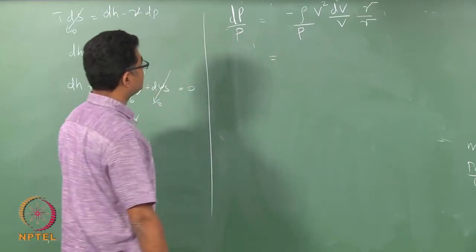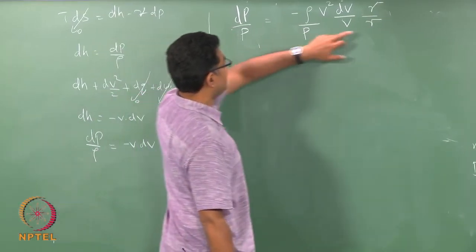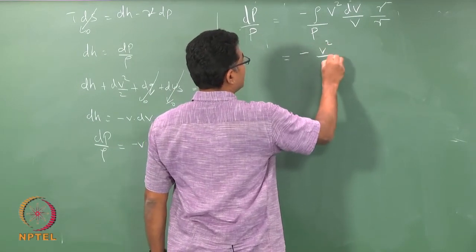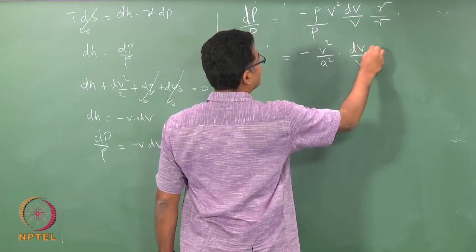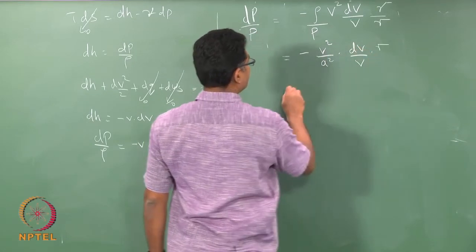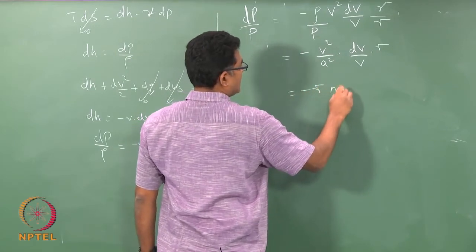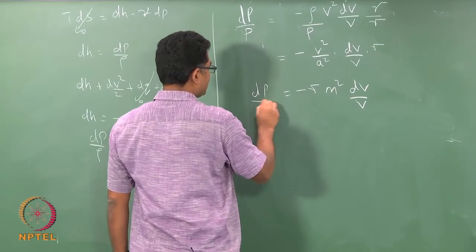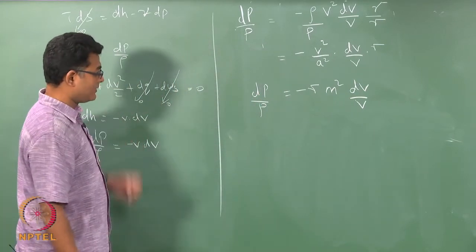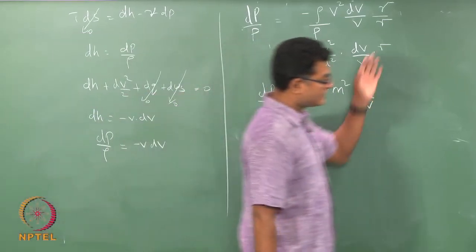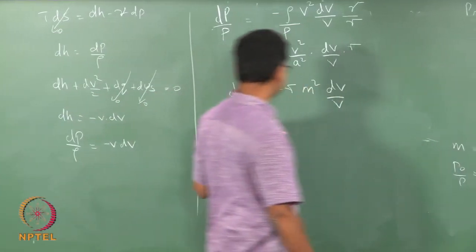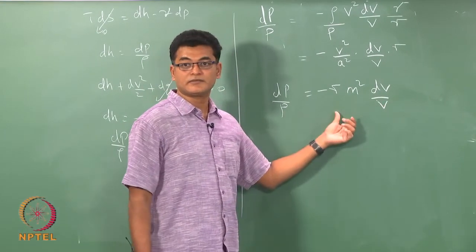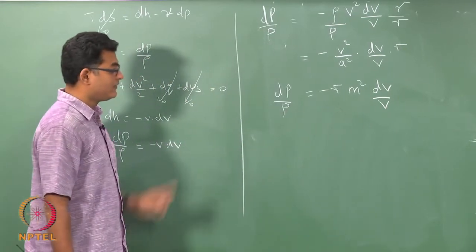So this would be, since P gamma by rho is my velocity of sound squared, V square by A square into dV by V into gamma. This is nothing but gamma M square dV by V. So for the process that is happening, the pressure change due to your velocity change is what is written here. Okay. We will come back to this.